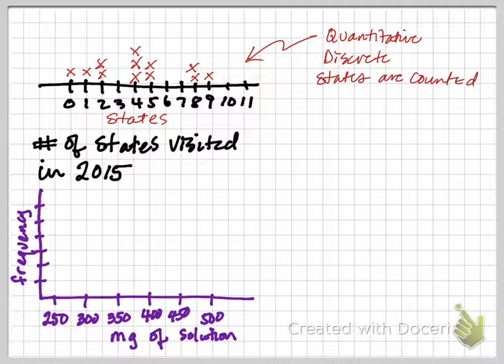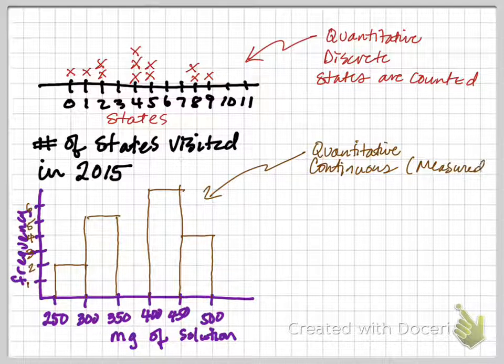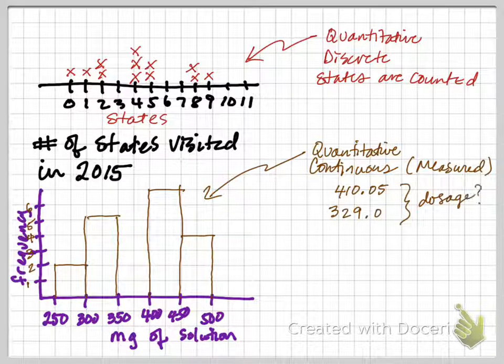Notice my graph is going to be about milligrams of solution, and on the left-hand side, I have frequency. Frequency just means how many. And so notice now I have these bars, and those bars are going to help me graph something that's continuous or measured. Because, for example, if I had 410.05 or 329, I don't know if I'm talking about dosages, but I can put them into the section and that'll build the bar.